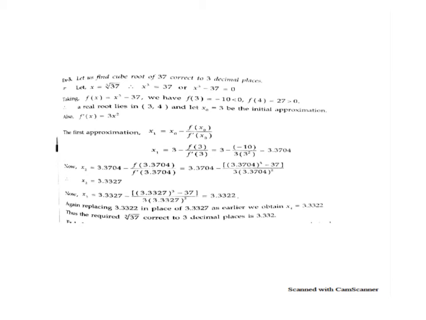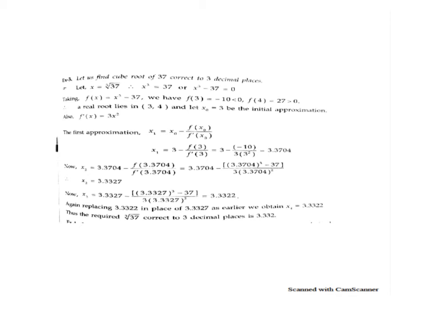Now you can compare your x1 and x2. So x1 is 3.3704, x2 is 3.3327. Therefore, we need to go for one more iteration to get the desired accuracy. So make use of the value of x2 in x3. So x3 is given by 3.3327 minus, put the value of x2 in the function and also in its derivative.